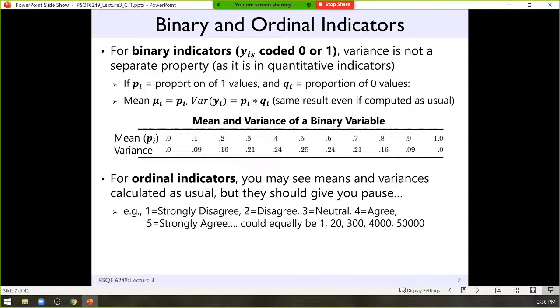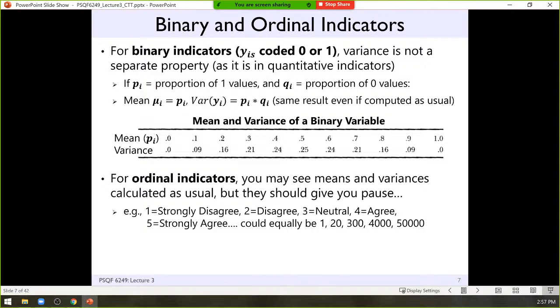Squishy is my word for uncomfortable, because an ordinal variable is ordered, but it's not a number, right? I could say that strongly disagree is 1, disagree is 20, neutral is 300, and so forth, right? And that's equally valid to do because it still obeys numeric ordering. The distances between are the thing that's up for grabs.